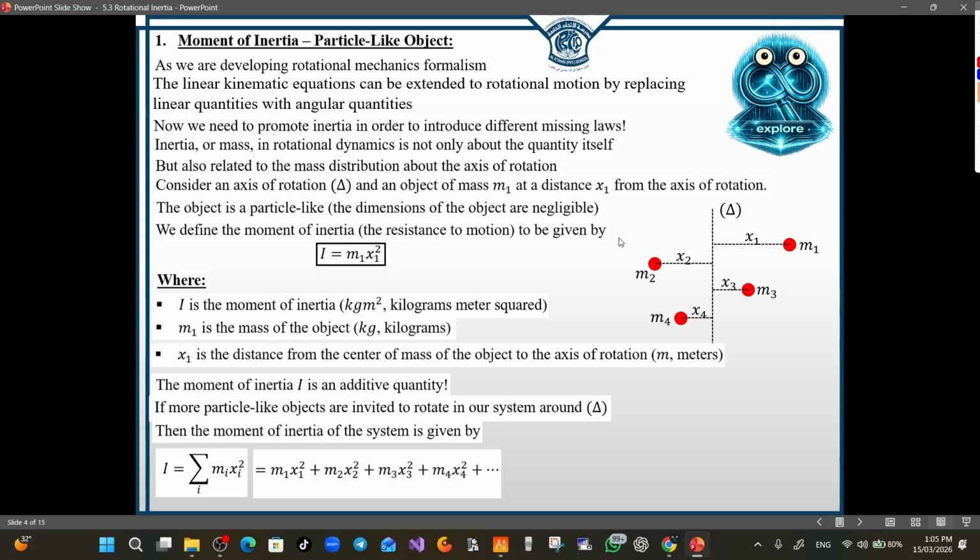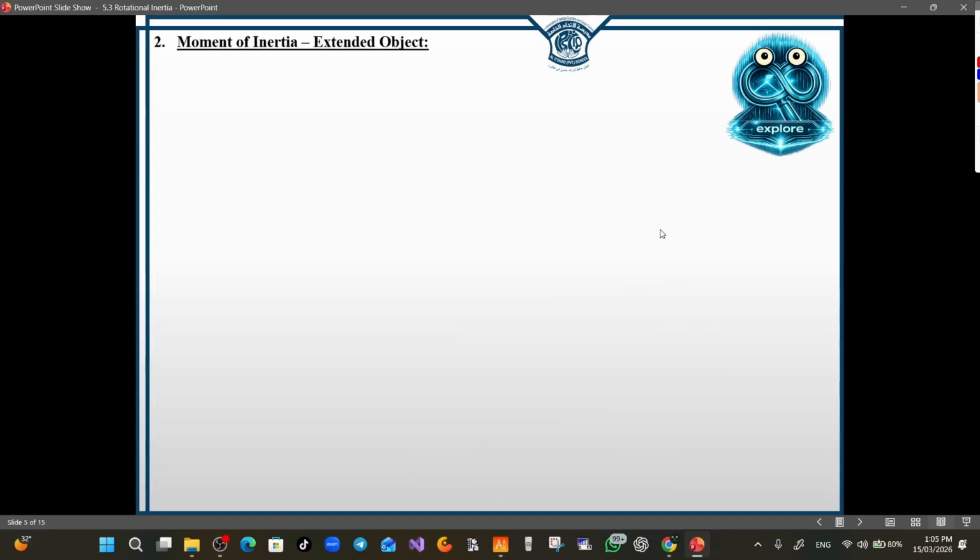This means we need to consider m1 x1 squared, m2 x2 squared, m3 x3 squared, m4 x4 squared, and so on. In other words, we add up all the moments of inertia together: I1 plus I2 plus I3 and so on.